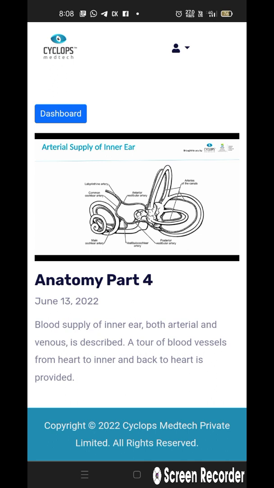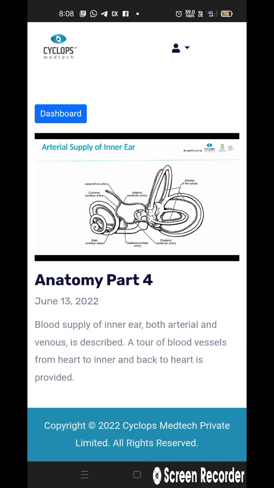This posterior vestibular artery supplies the saccule and also the posterior semicircular canal. We have to note when we see the nerve supply later on that the supply to the saccule and the posterior semicircular canal in the nerve supply will be the inferior vestibular nerve. So that nerve supply and this arterial supply almost mimic.